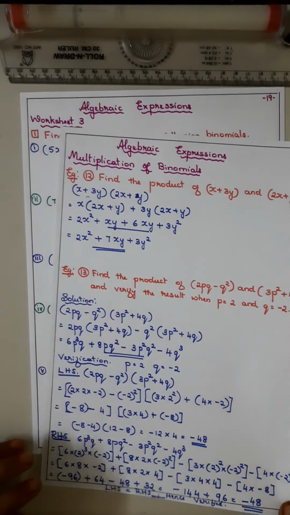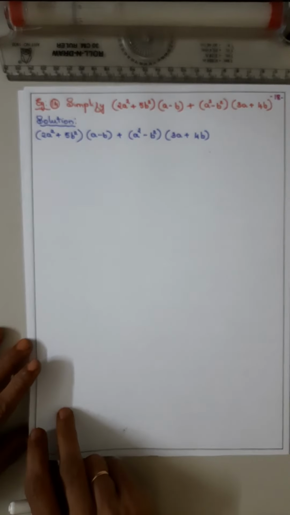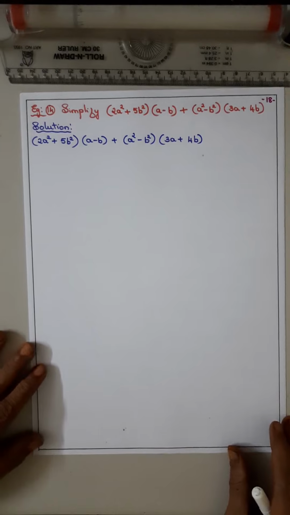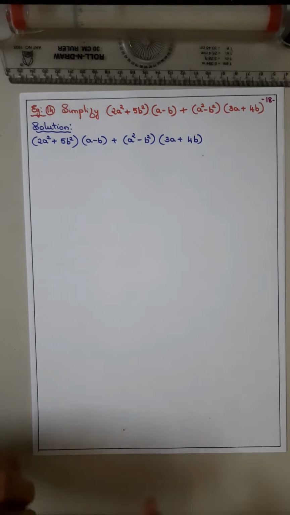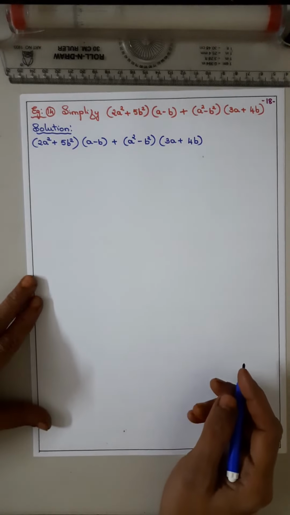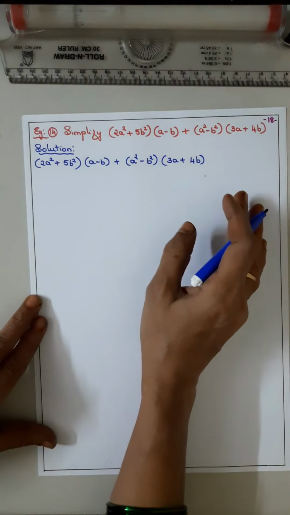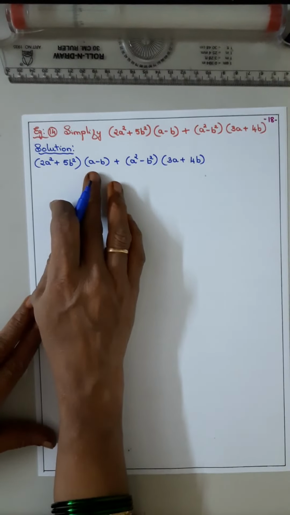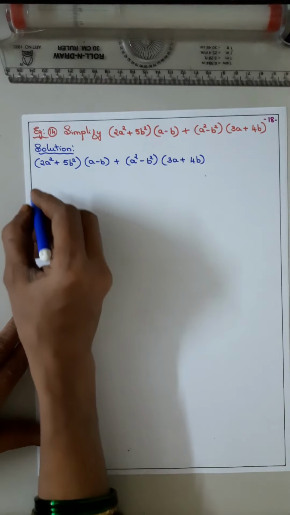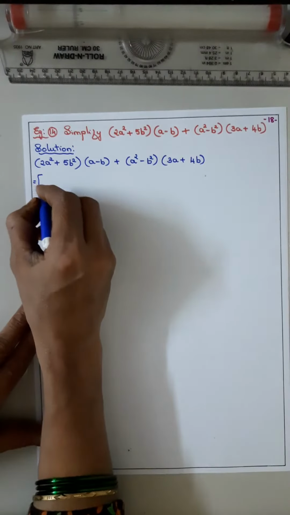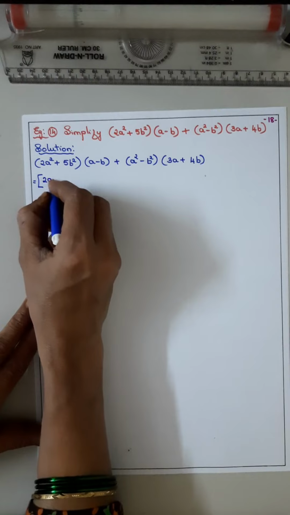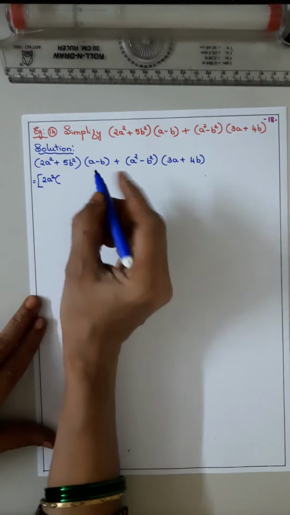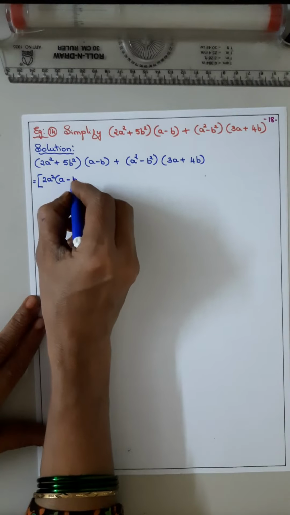Now coming to example 14. Simplify. It's only simplification, no verification, but it is very big. Okay, now first what we will do, 2a squared, this one, isn't it? 2a squared bracket open a minus b.